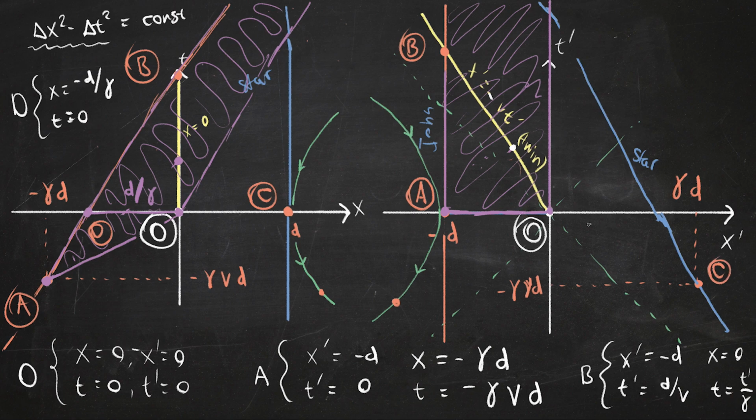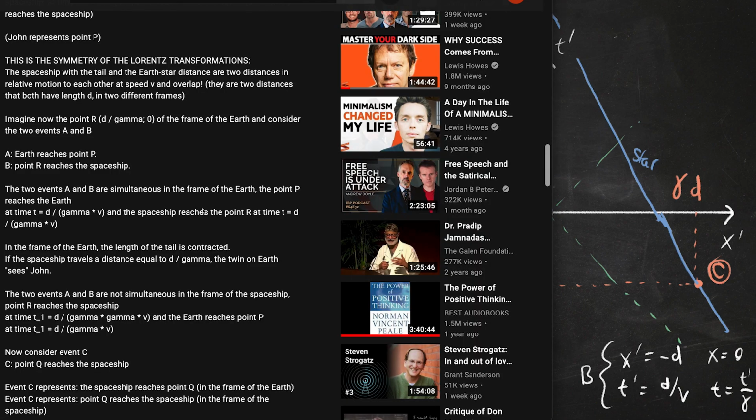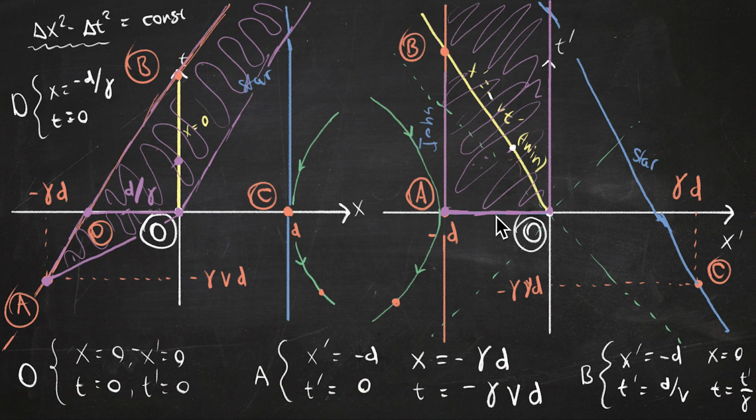So you're saying this OC overlaps with the spaceship. Yeah, again, I guess you're going to get symmetric results here, aren't you? So here the length to the star was D in the unprime frame. But when you go to the prime frame, it's going to be a length of D divided by gamma. So again, the simultaneity kicks in there.